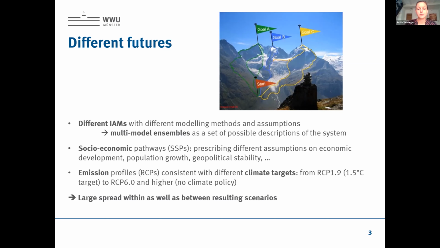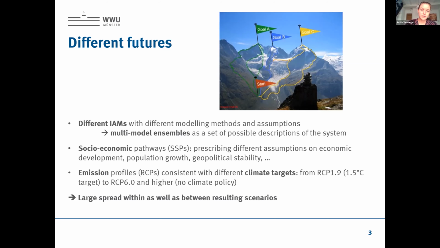And these prescribe different assumptions on economic development, population growth, geopolitical stability, etc. Then we have the RCPs. These are the scenarios that depict different climate targets. And in the newest set of scenarios, these range from RCP 1.9, that is representative for the 1.5 degree target, to RCP 6 and higher, that basically imply that there is no climate policy implemented.